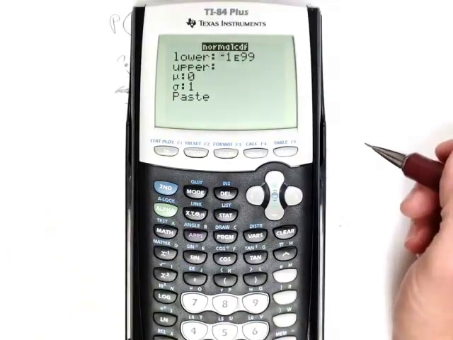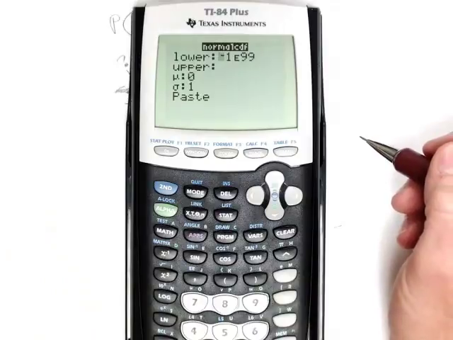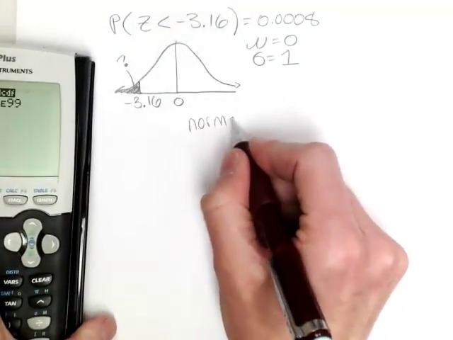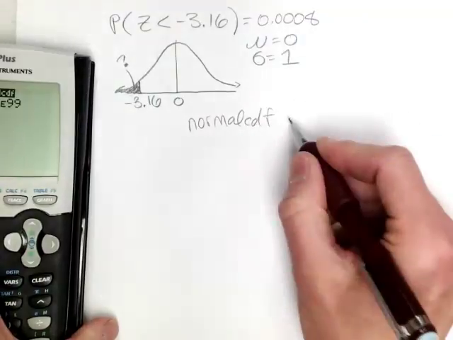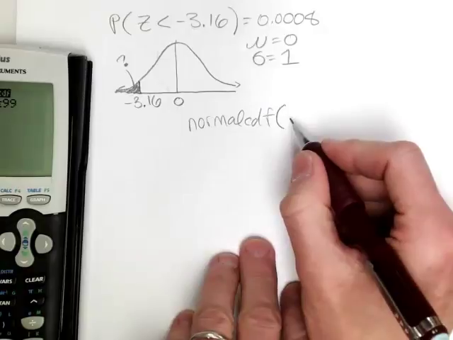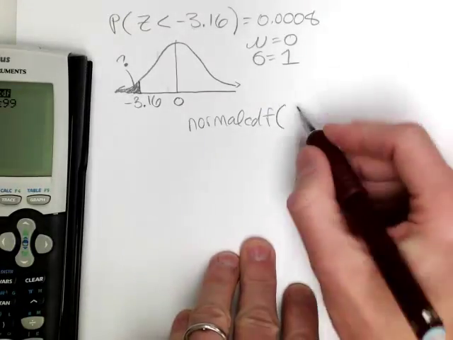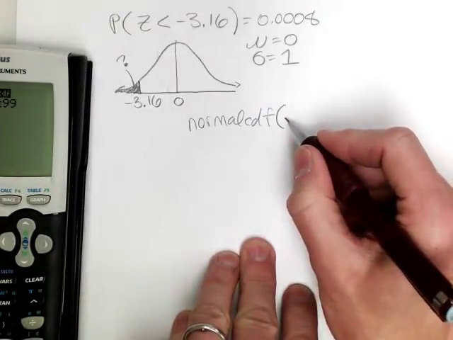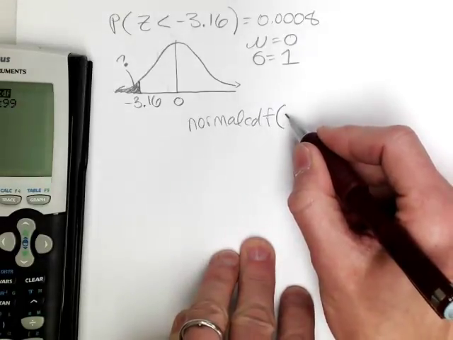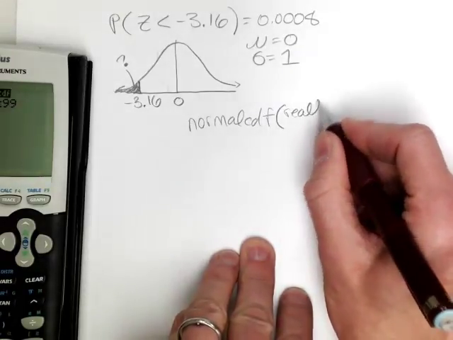Now if you have an older TI, it's going to open up on your home screen and say normal CDF, and it's going to open up some parentheses. Here's the order of the values you need to be putting in. The first thing you want to put in is a really super duper small number.